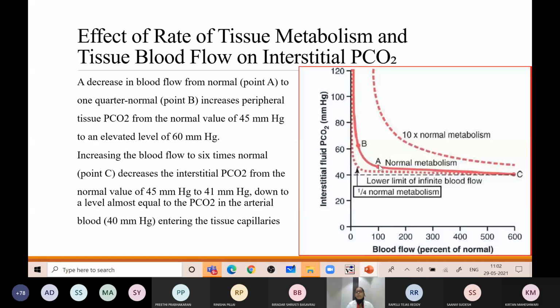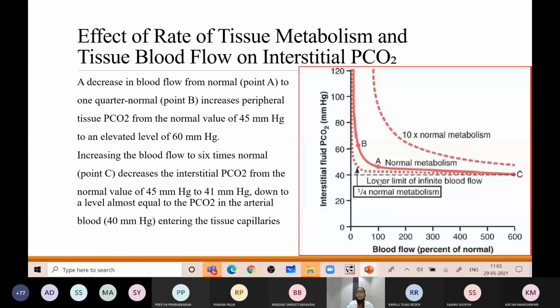So when blood flow decreases from the normal level, point A to point B, the interstitial fluid PCO2 will increase, from the normal value of 45 to an elevated level of 60 mm of Hg.